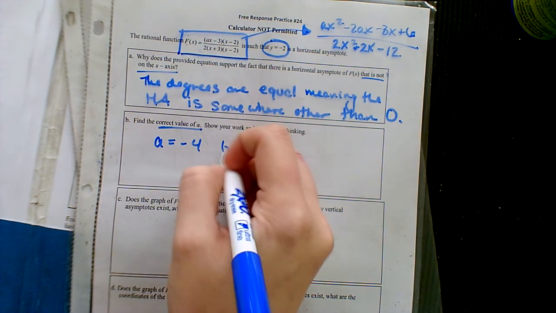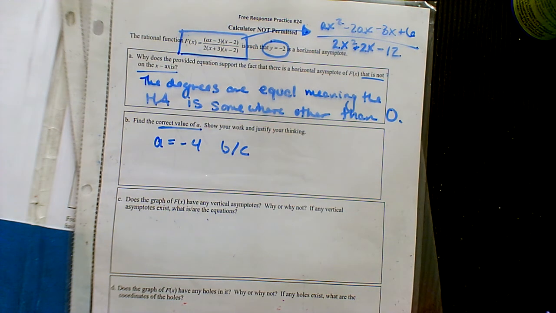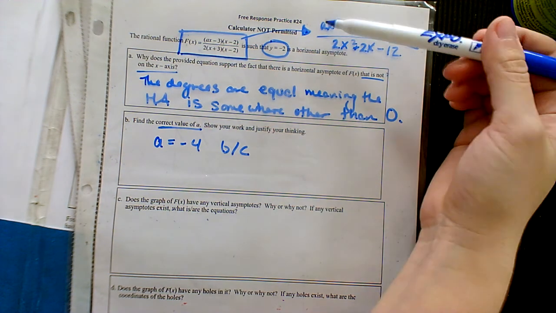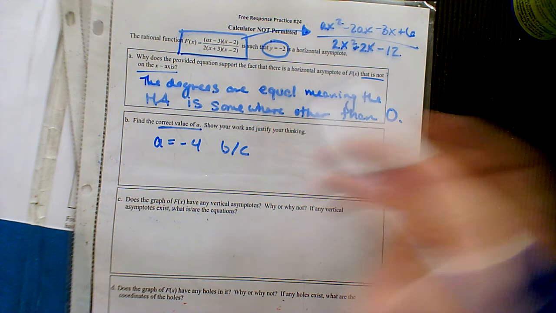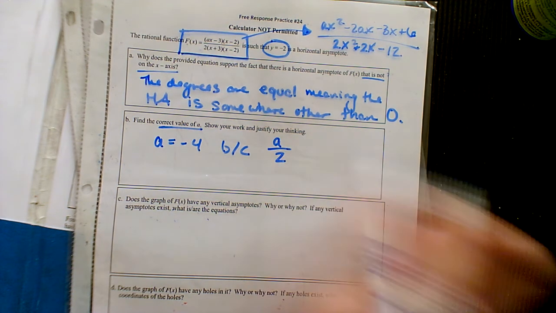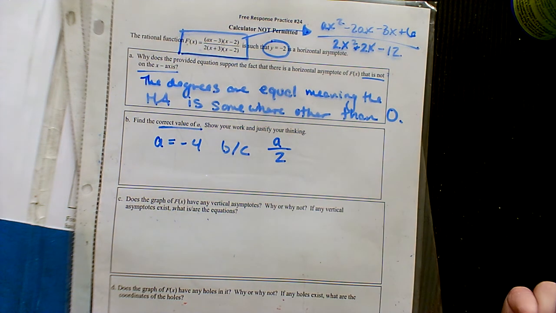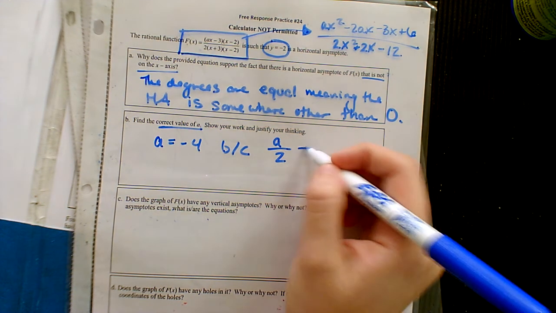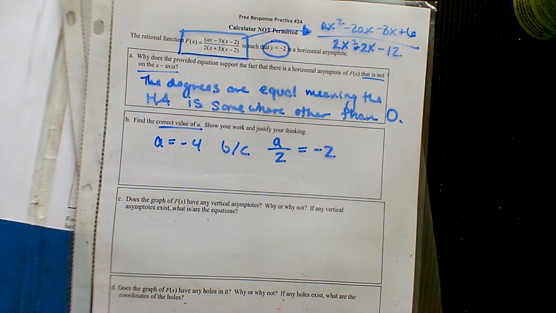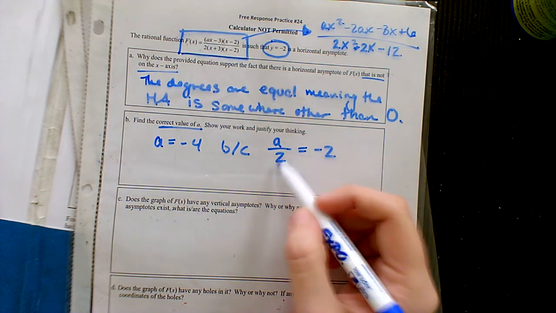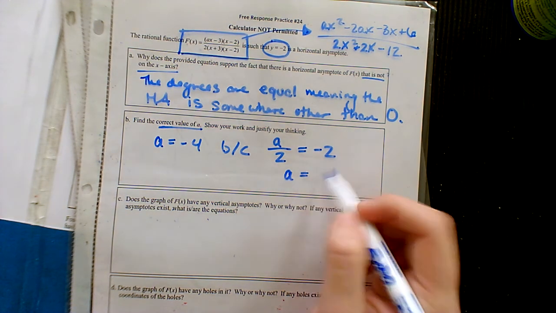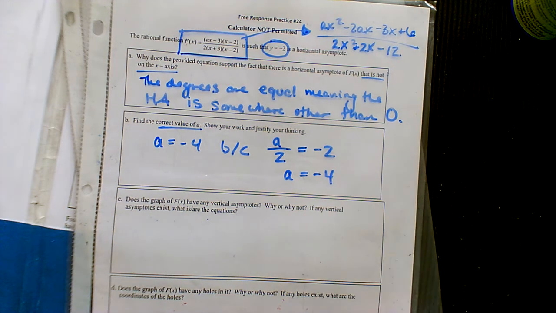Since the horizontal asymptote is -2, you need to find a number divided by 2. It gets you -2. There you go. So if we actually divided the leading coefficients, okay, A divided by 2 should give us the horizontal asymptote location, which they tell us is -2. So simply multiply the 2 over and you'll get that -4.